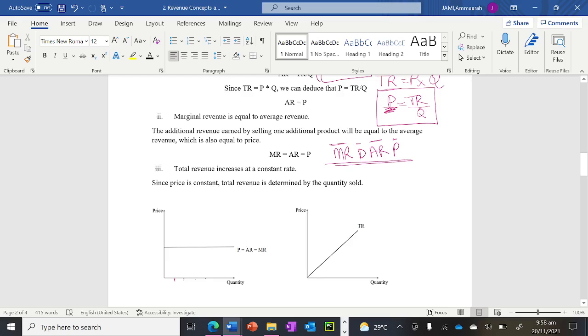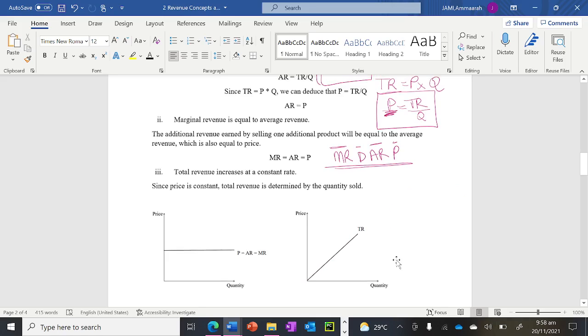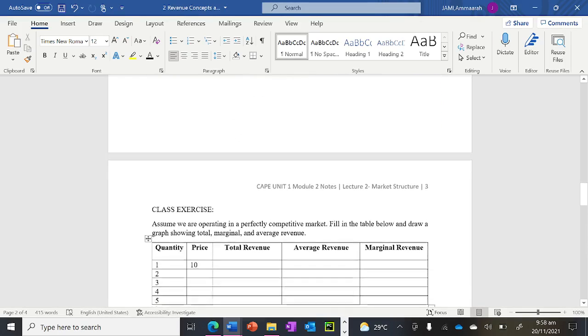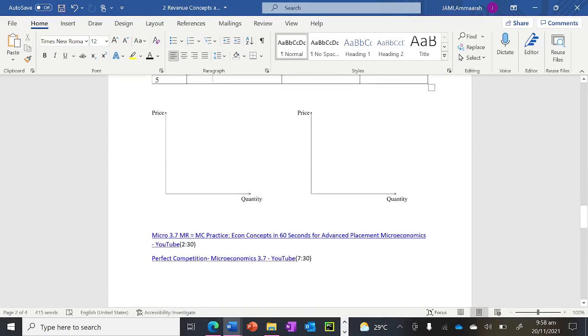When anything is fixed, it's a straight line. Then your total revenue increases at a constant rate, so you wouldn't see a curved graph. It's just a straight line like that. Those are the graphs that you have to learn for that.